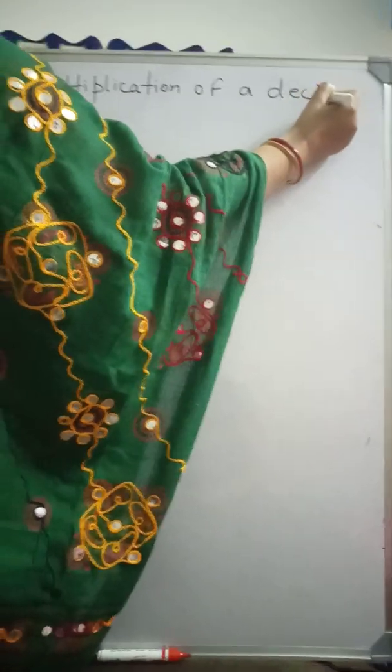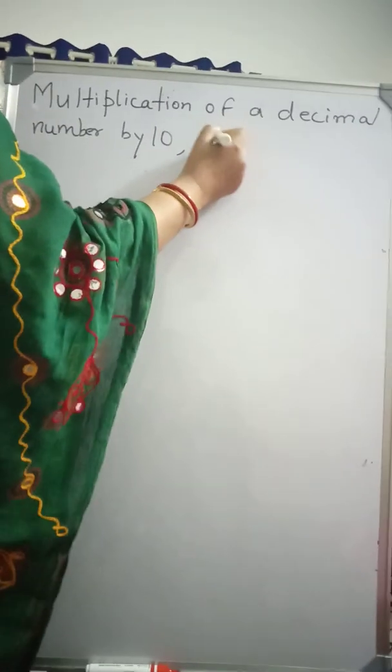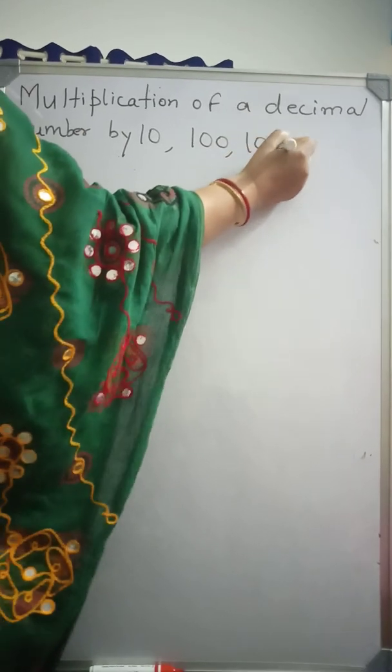So children, in this session I am going to discuss the multiplication of a decimal number by 10, 100 and 1000. So we will discuss multiplication of a decimal number by 10, 100 and 1000.